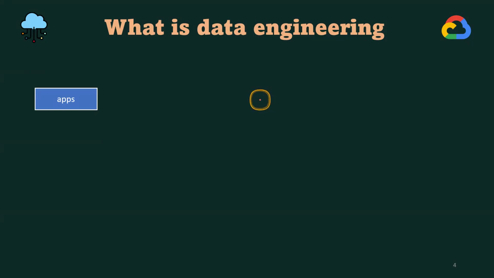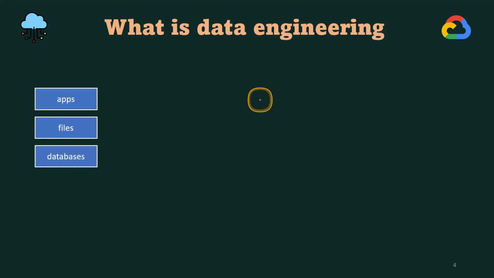So you have data coming from applications. You may have data coming from file formats, maybe a CSV file, a JSON file, a Parquet file, or any other file format. Or you may get data from databases such as SQL Server, MySQL, or PostgreSQL.